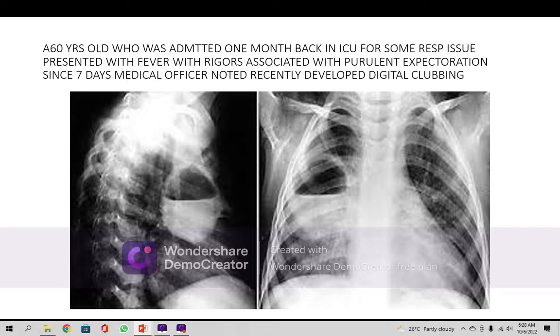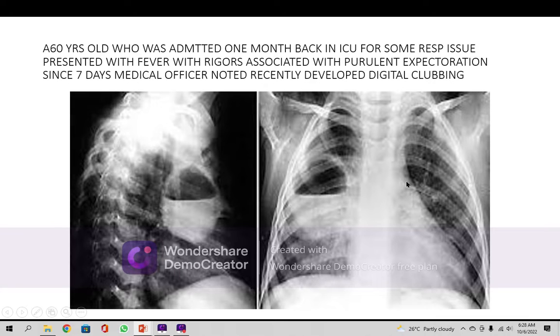Past history is significant. The medical officer, who is also the family physician, noted recently developed digital clubbing. So this is the X-ray which was given, the PA view, as well as the right lateral view was given.